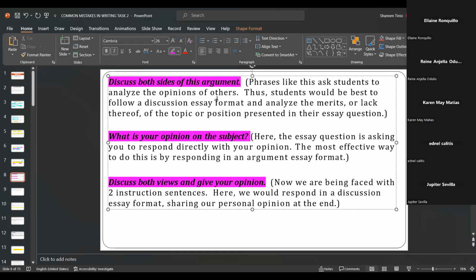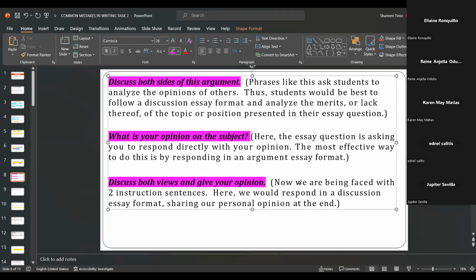Okay, so, ang hinihingi dito, discuss both views and give your opinion. After mo daw ma-discuss yung pros and cons, yung advantages and disadvantages, then give your opinion. So 3 tasks ang hinihingi.